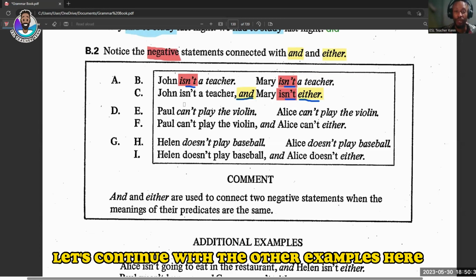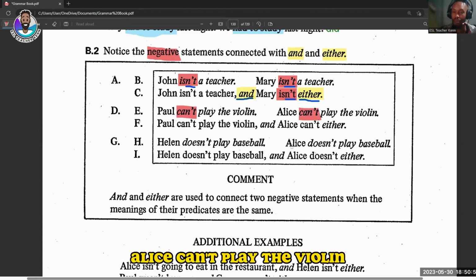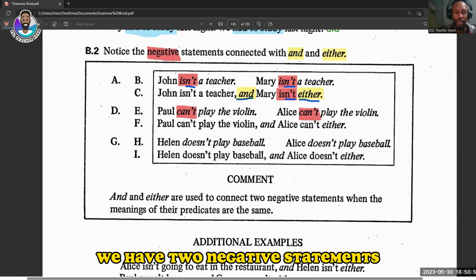Let's continue with the other examples here. It says Paul can't play the violin. Alice can't play the violin. We have two negative statements.